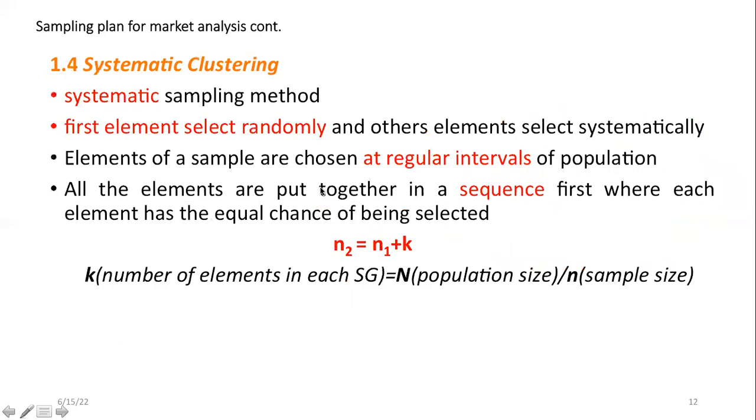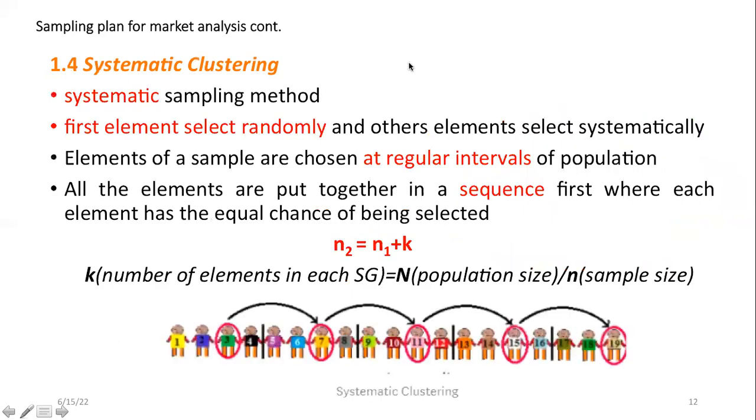Then systematic sampling. Systematic means there is a system. This is also a very common one. Here we select the first element randomly. Then we can calculate the interval using this equation: population divided by sample. Population might be 100, sample size might be 10, then you know k is 10.